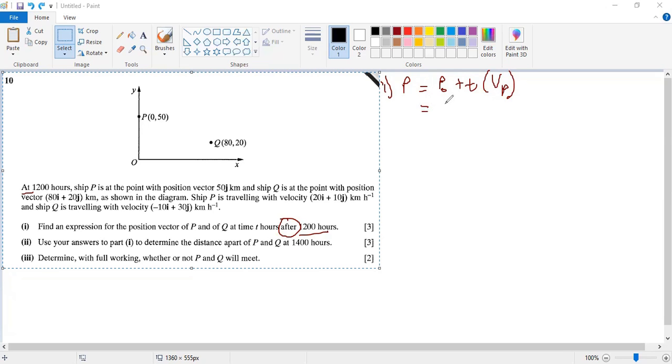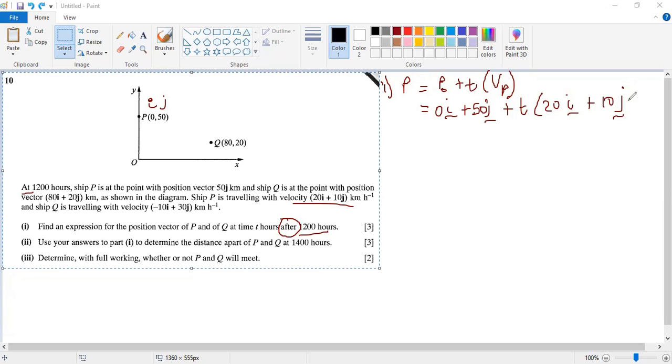Okay, let's put the P naught. Please take note that this is i and j, x and y. So the i component is 0. I just write it to emphasize, plus 50j, and then plus t bracket. The velocity for P is 20i plus 10j in the bracket.